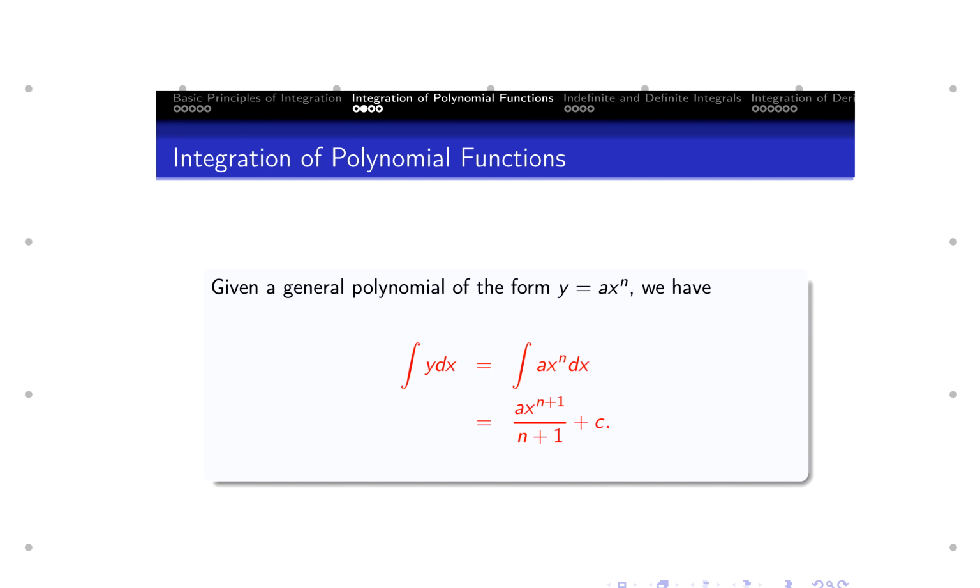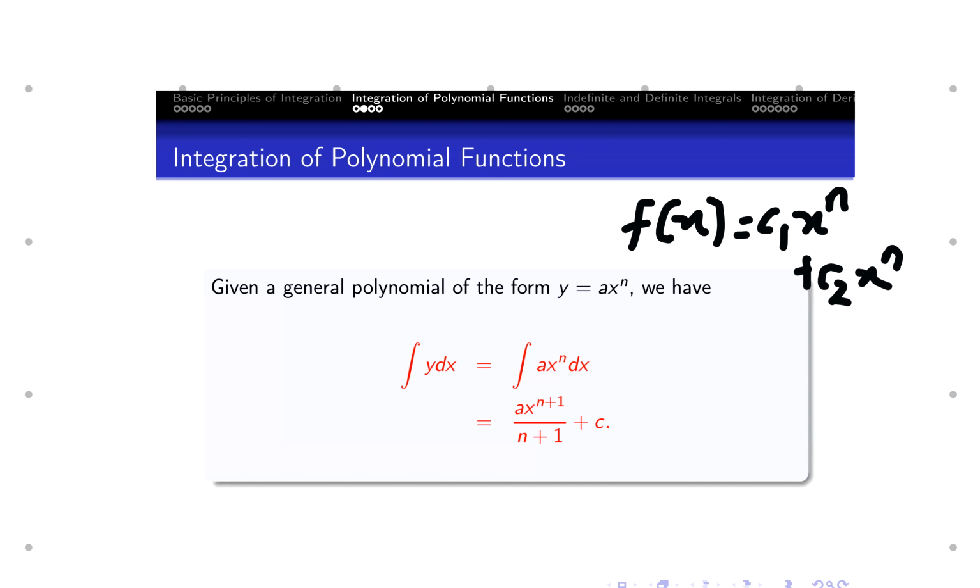So, talking about integration of polynomial functions, you already have an idea what polynomials look like. They are functions like y equals f of x, equals maybe a particular coefficient, let's say C1, with x raised to a particular power n, plus C2 x raised to power n minus 1, and so on, up to some Cn x raised to power 0, until you have a constant.